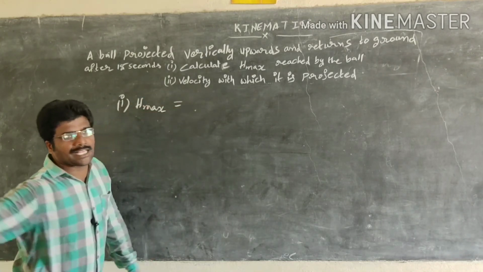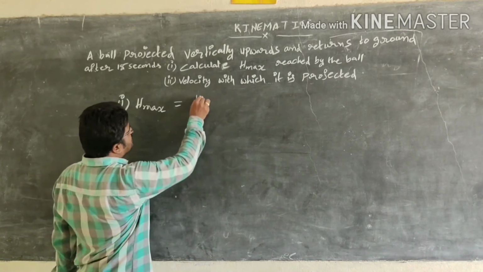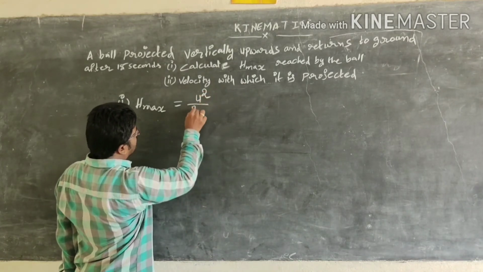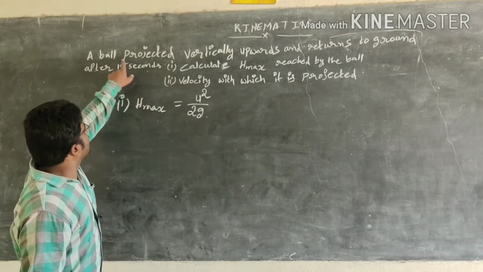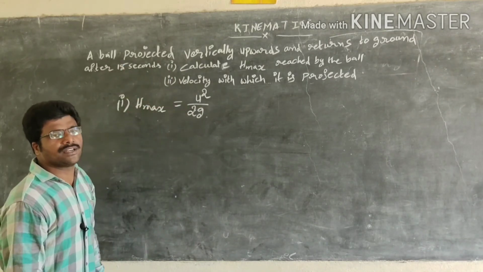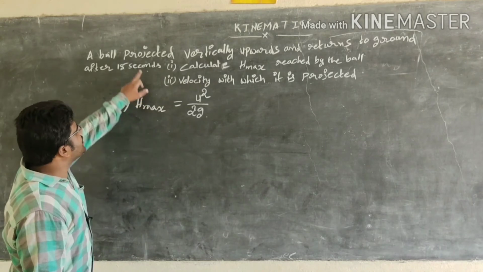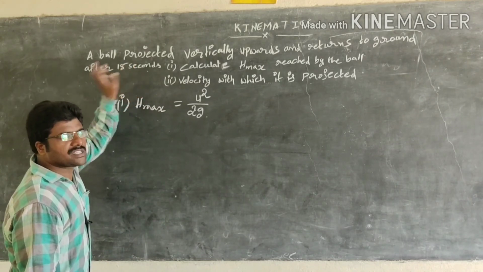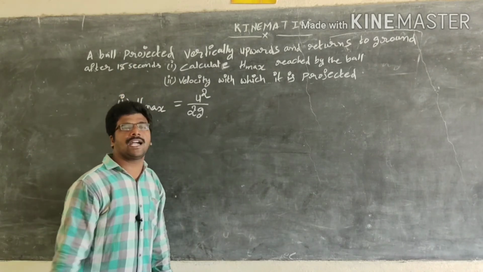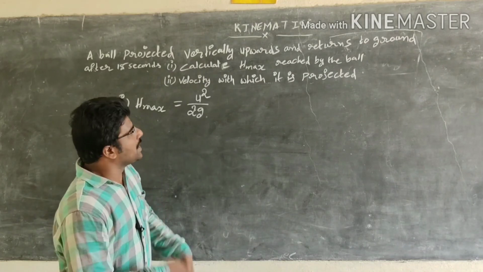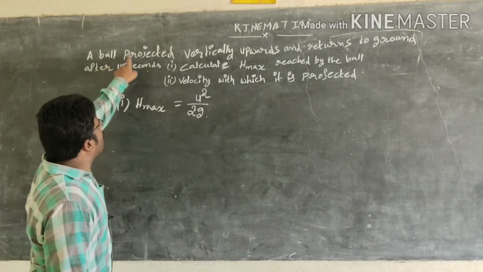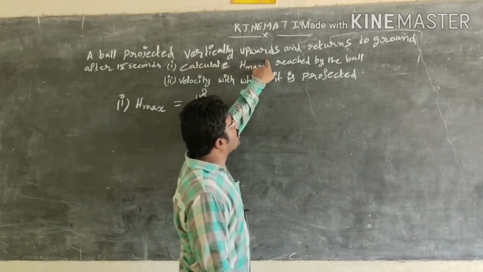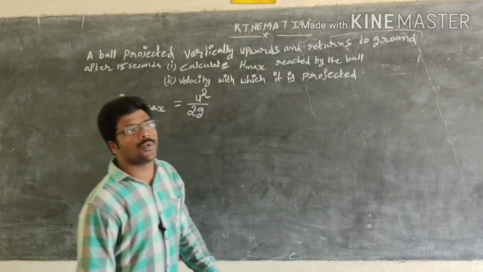Now, when you come to the first problem, we want to calculate the maximum height, H max. We know the formula for H max, U square by 2g. But if you observe the problem, the initial velocity is not given. First of all, we want to calculate the initial velocity. If you understand the problem carefully, he said that a ball is projected vertically upwards and returns to the ground.